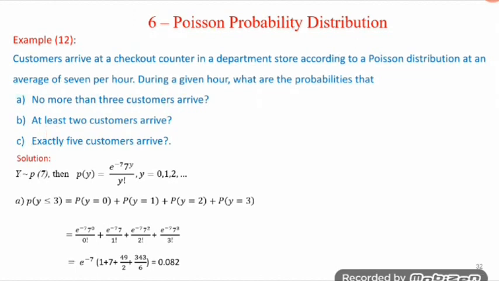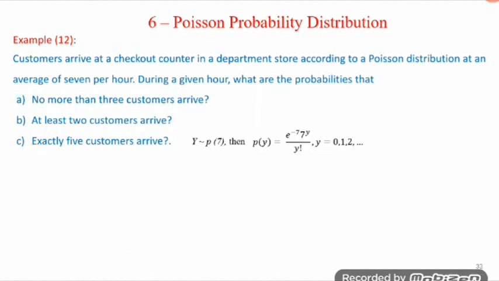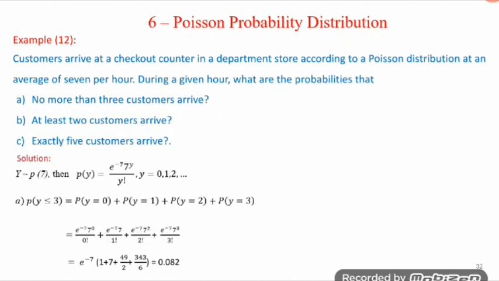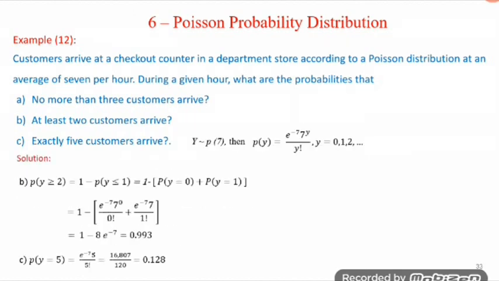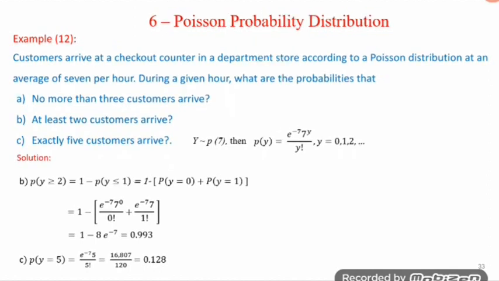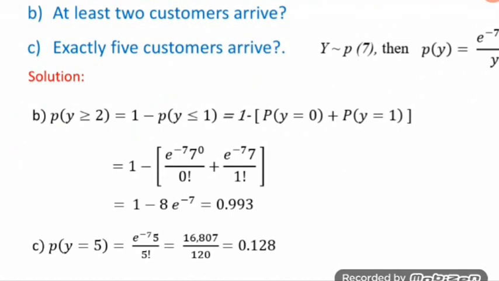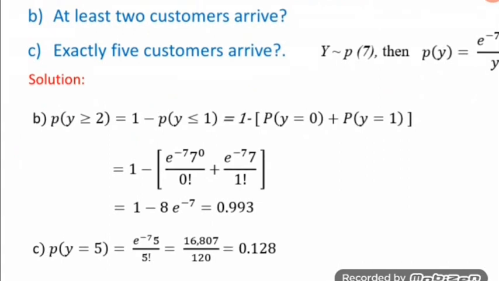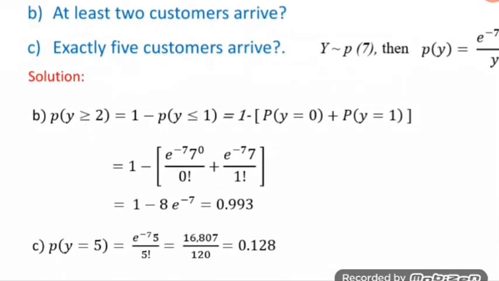So number B is simply computing the probability that Y is greater than or equal to 2, which is computed easily by the complement, which is 1 minus the probability that Y is less than or equal to 1, which is 1 minus the probability that Y equals 0 plus the probability that Y equals 1, and each of those will be computed by substituting in the formula of the probability mass function of the Poisson distribution. At the end we'll get this value.